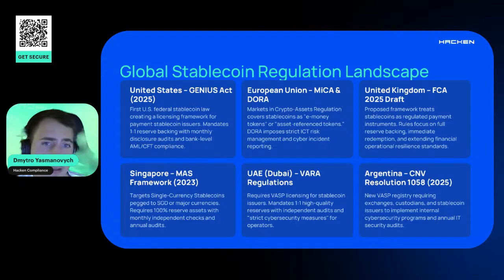For the UAE, Dubai, we have the VARA regulations. From my personal view, compared with all the Web3 regulations, it is one of the most mature because of the really good structure of the rulebooks. We have different specific rulebooks related to different areas, not only stablecoins but the wider Web3 scope.